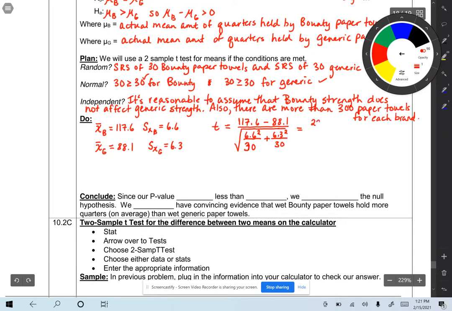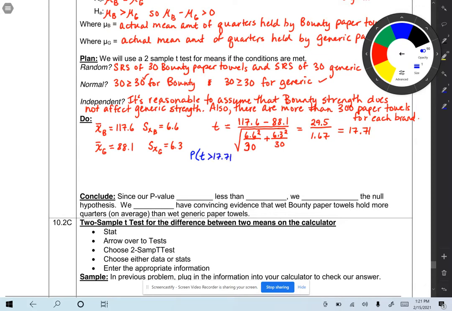So that is 29.5 divided by 1.67. That gives me 17.71.